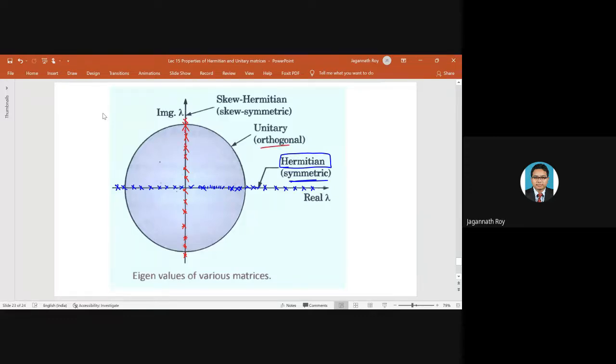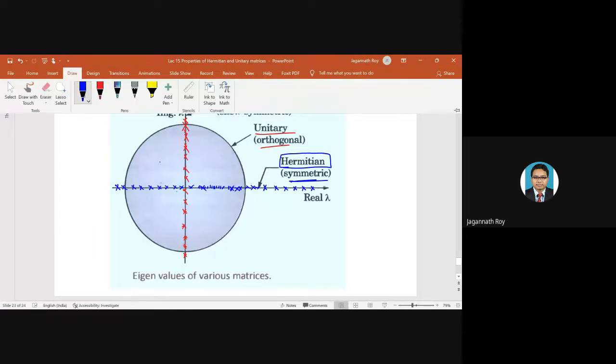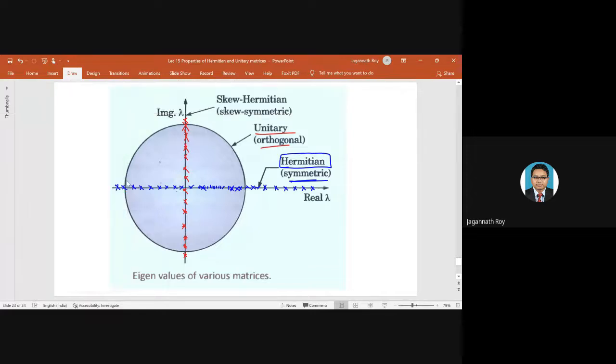But for orthogonal or unitary matrices, the eigenvalues lie on the circle. For a unitary matrix, the absolute value of the eigenvalue equals 1, radius equals 1.